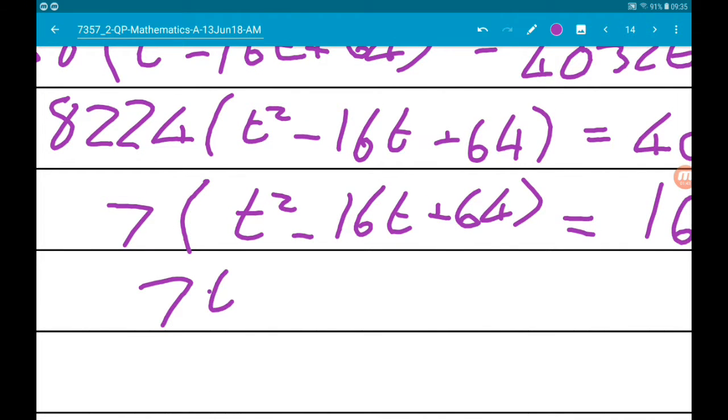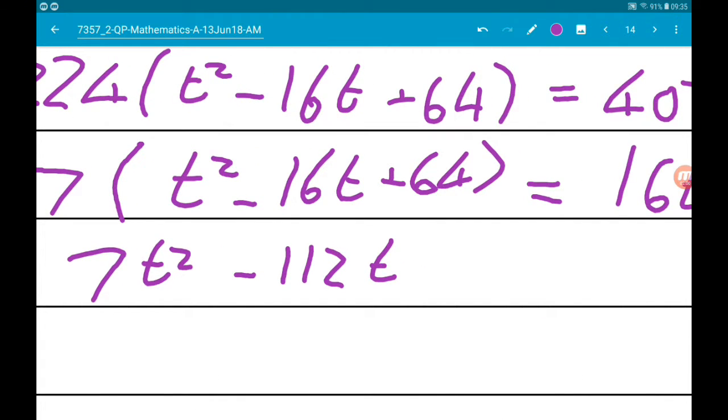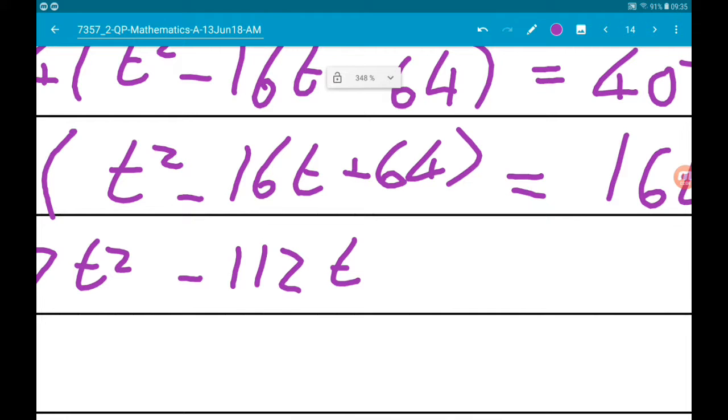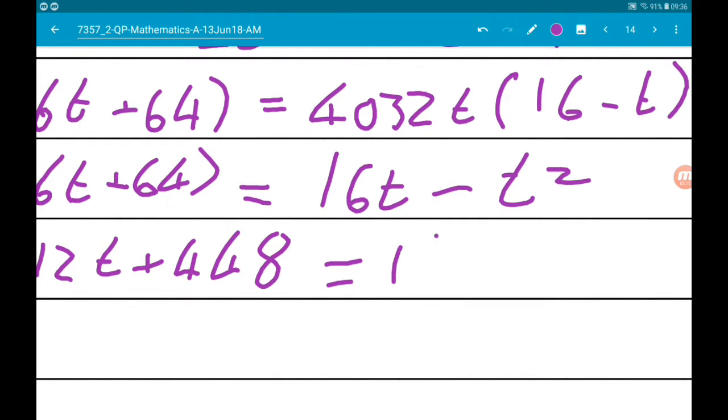So 7t squared. 7 times 16 is 112, so we get minus 112t. 7 times 64 is 448. Now that is equal to 16t minus t squared.